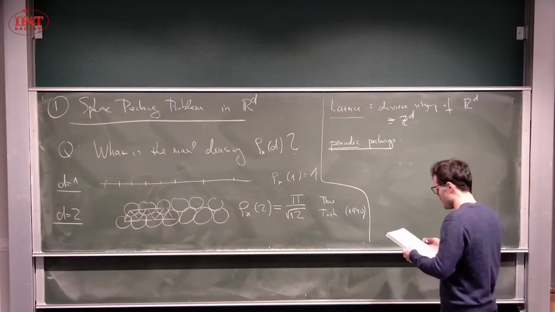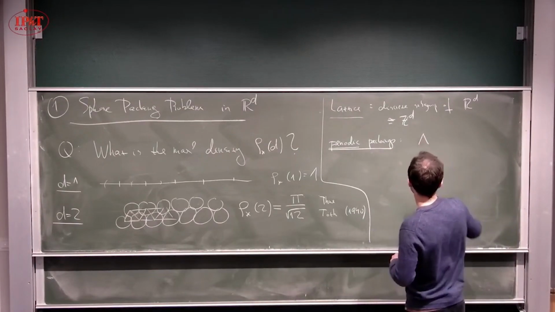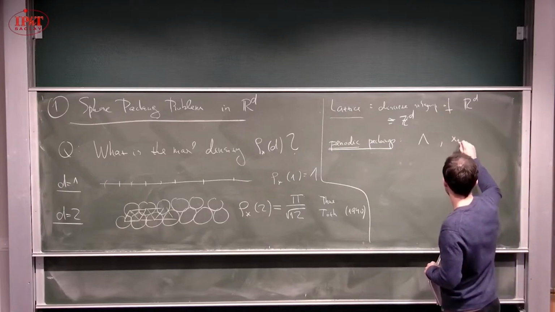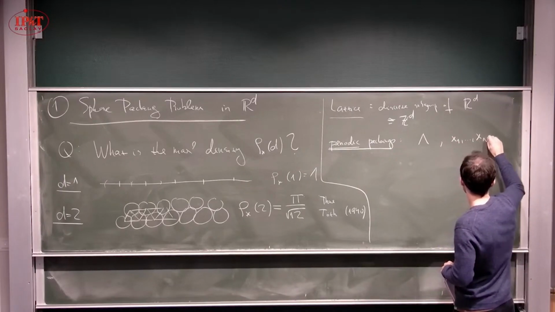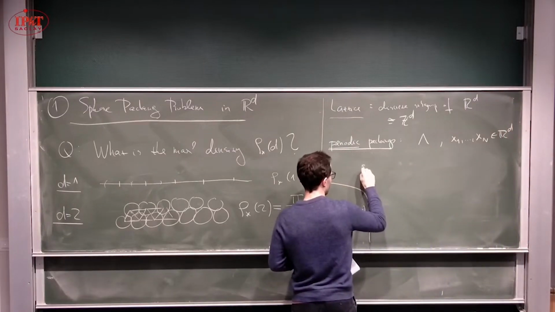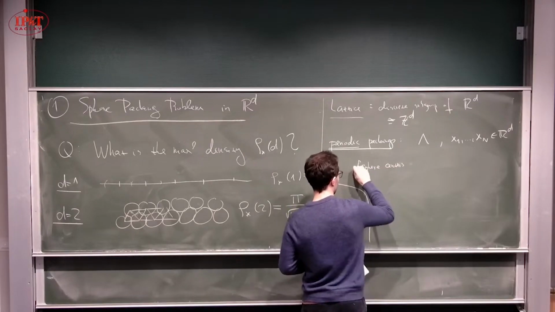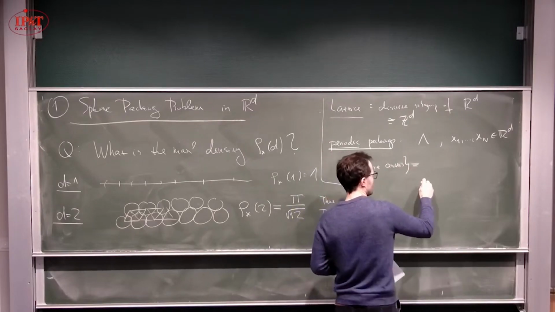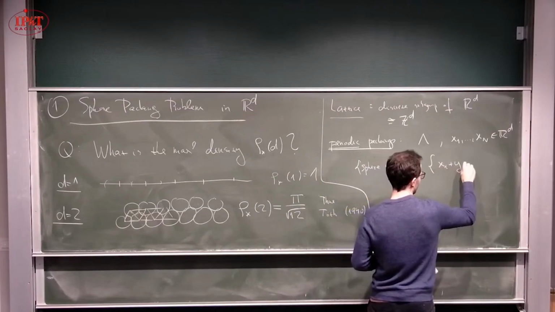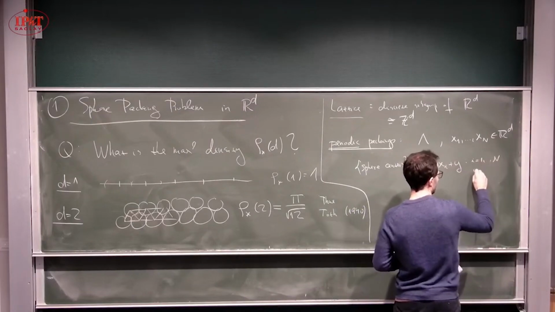So you can write: there is some lattice lambda, and there is some finite set of basis vectors x1 to xn in R^d, such that the set of sphere centers is the set of x_i plus y, where i indexes one of these vectors and y is in the lattice.